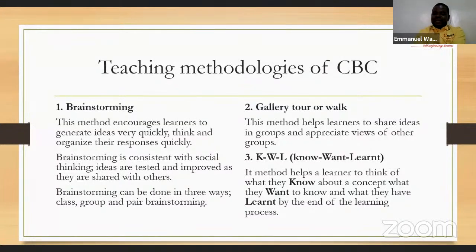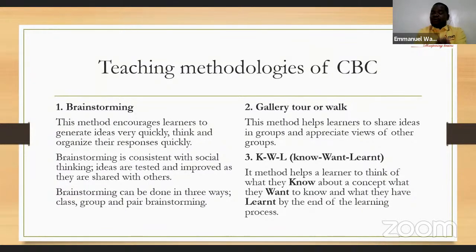Okay? Then there is this method of KWL: what they know, what they want to know, and at the end of the lesson, what they have learned. KWL is a method that can be employed to gauge your learners to see what they know.